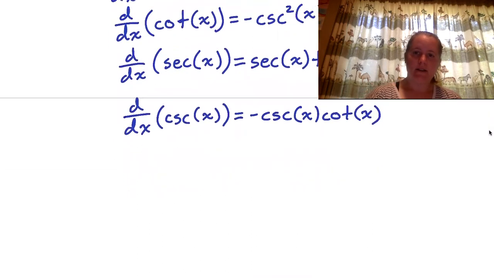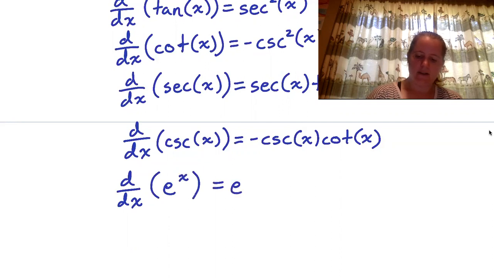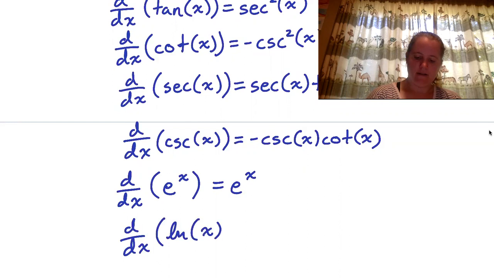In addition to this, we have that the derivative of e to the x was simply e to the x. The derivative of natural log of x was 1 over x.